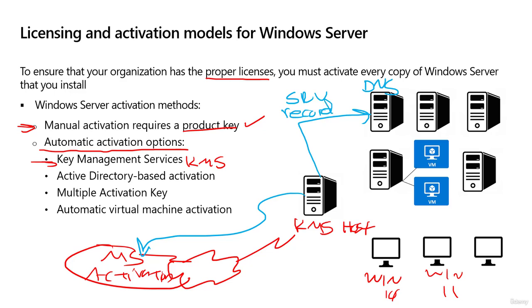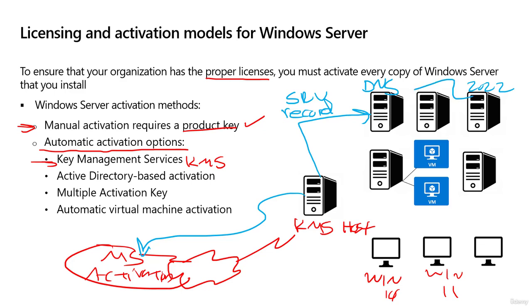What happens now? All Microsoft clients are built to automatically query their DNS server that they're set to use to see if there is a KMS host available. So they are pre-programmed that way. So now, whether I'm on my Windows 10 machine or on Server 2022, your new server, you install the operating system, it's going to automatically try to activate itself.